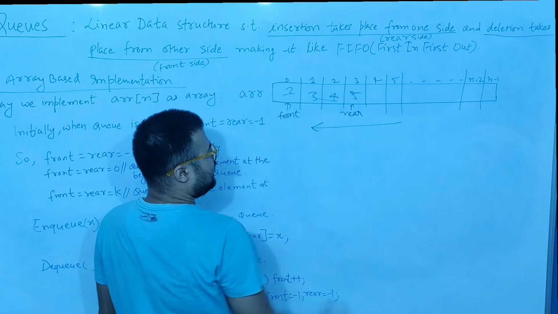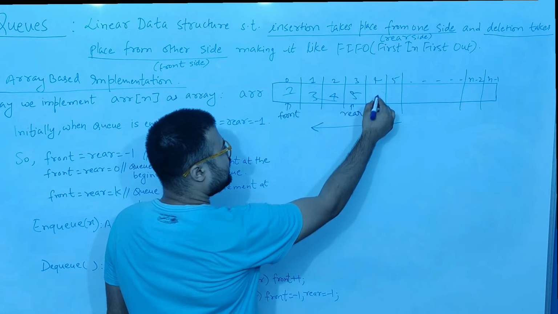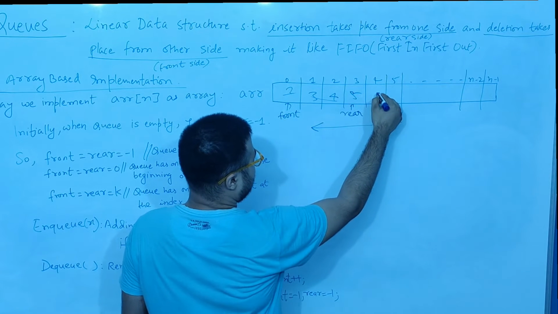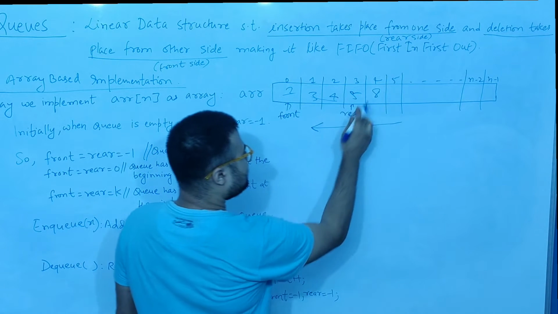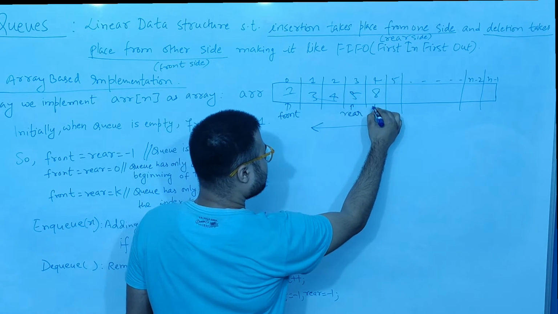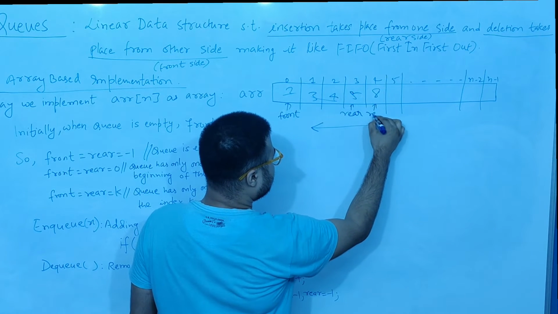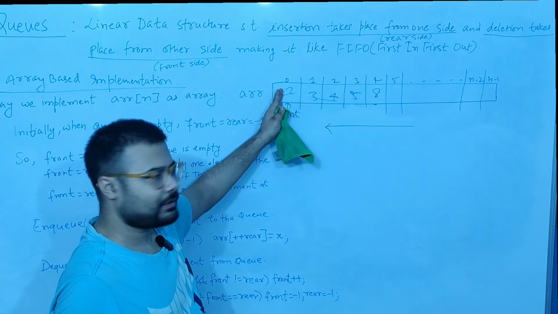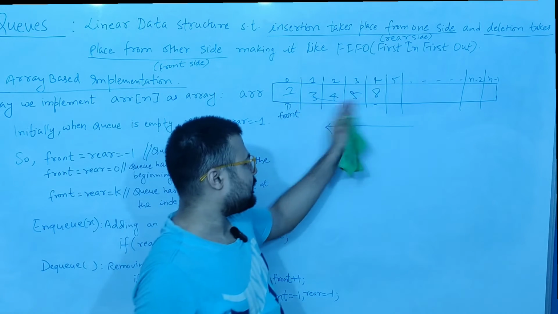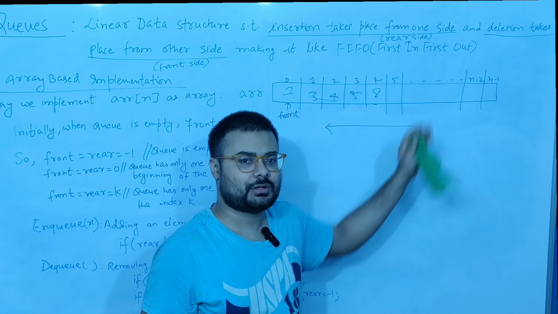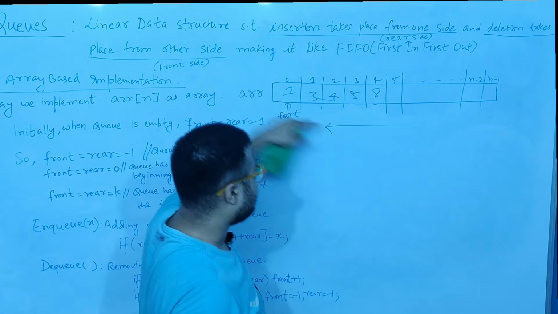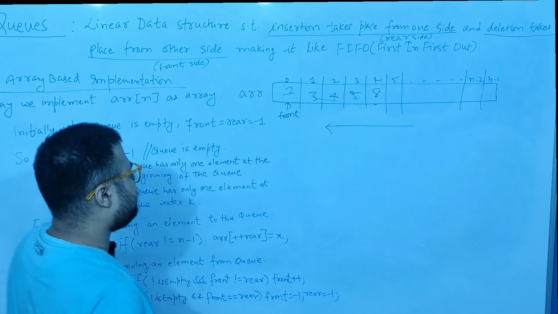If you want to insert an element, you will insert at index 4, and let's say you want to insert 8, then 8 will be inserted, and now rear will have the value 4 again. My convention is that the front is at the beginning of the array and rear is as you go towards that side, meaning you will add from there and it will come out from the other side.